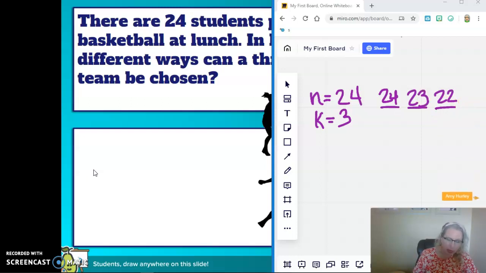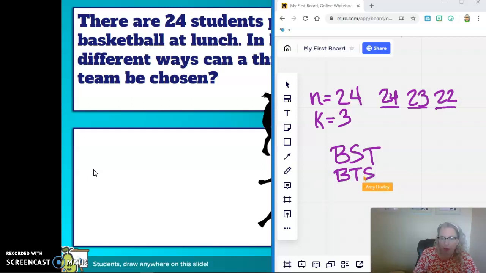However, we have to keep in mind that if I choose Barney, Sally, and Tom to play basketball with, we don't really care about the order. If we picked Barney, Tom, and Sally, that would be the same thing for our purposes. We're still playing basketball with those 3 people. What about Sally, Tom, and Barney? What about Sally, Barney, and Tom?